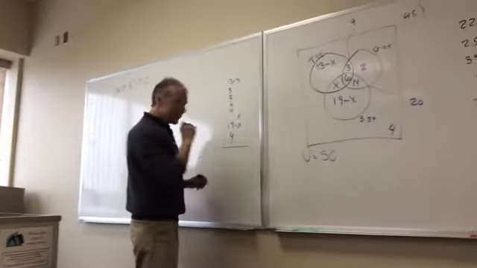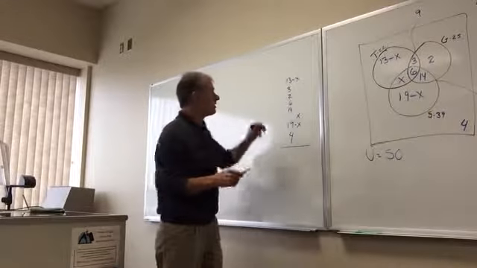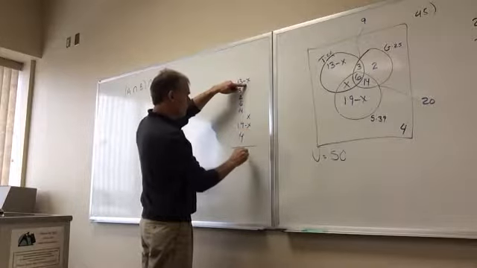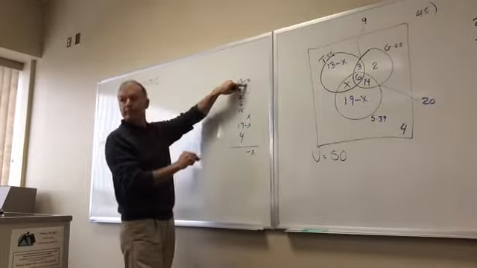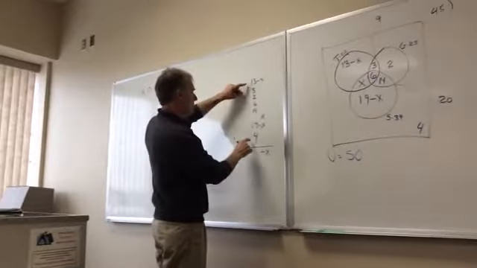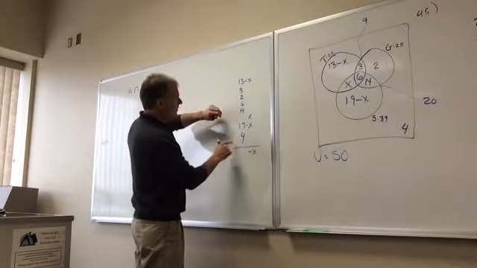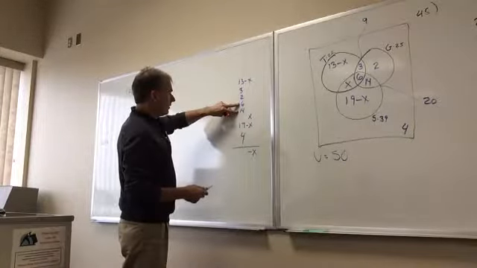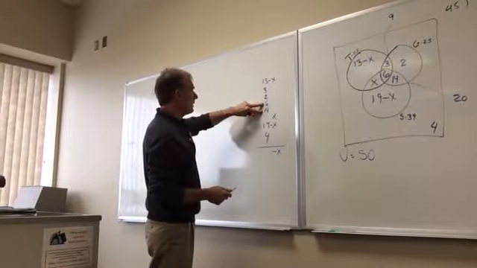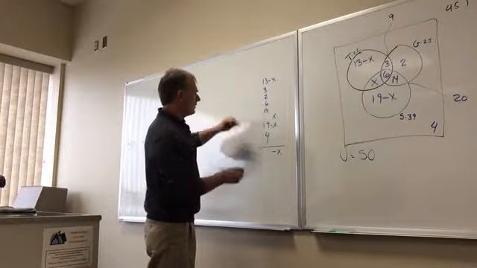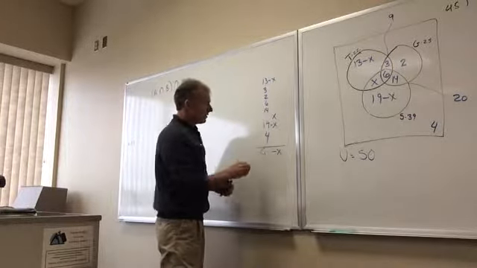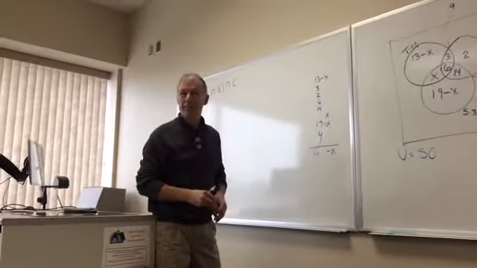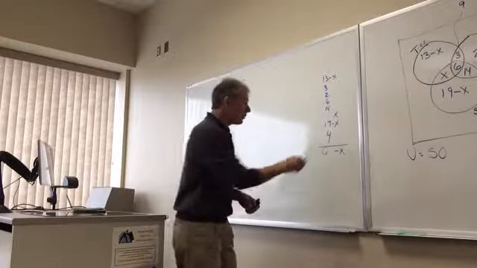And if I add these all up, what do they have to equal? 50. That's right. So let's do it. So if I do the x's, it looks like I get negative x, right? Okay. And, you guys want to help me with this? What's this come up to be? 61, okay.